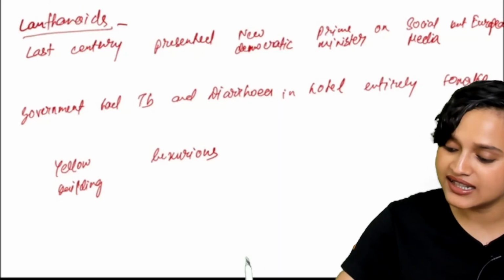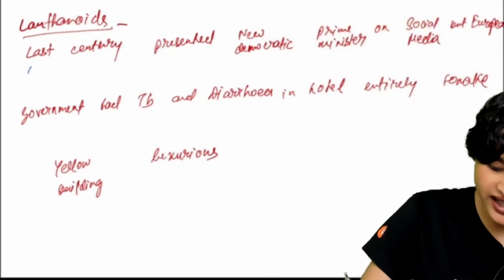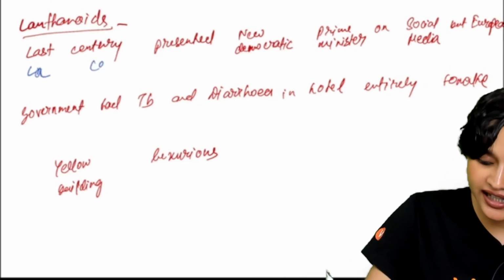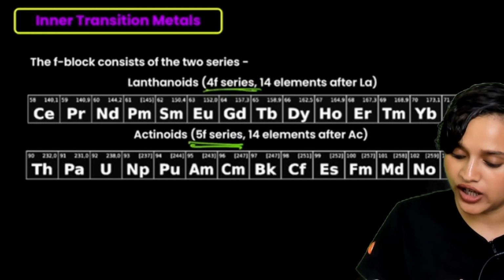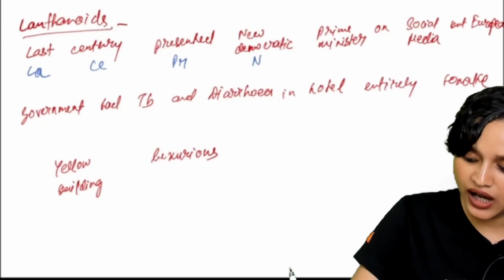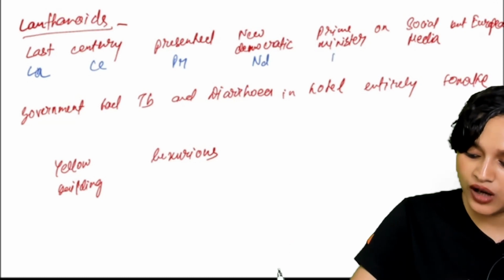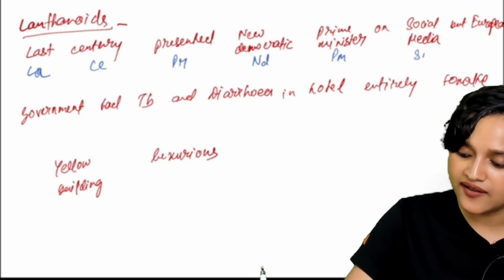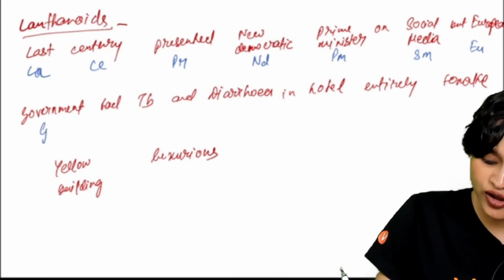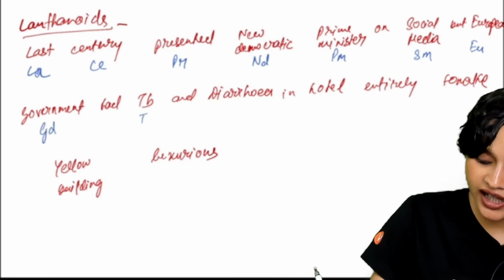As you can see, last century, the first one right here is your lanthanum. Then you have cerium. Then you have praseodymium, that is PR. Then you have ND. Then you have PM. Then you have samarium. Then you have europium. Then you have gadolinium. Then you have terbium, TB.